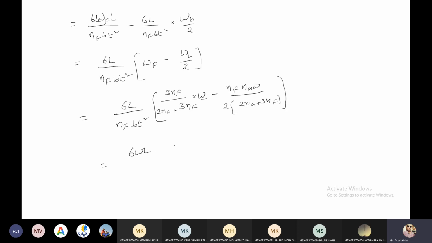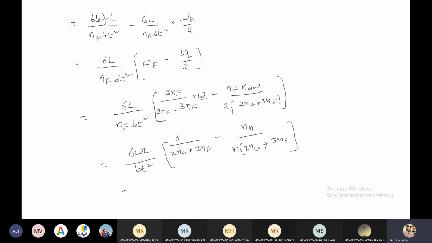6WL by BT square, 3 by 2NG plus 3NF minus NG by N into 2NG plus 3NF.